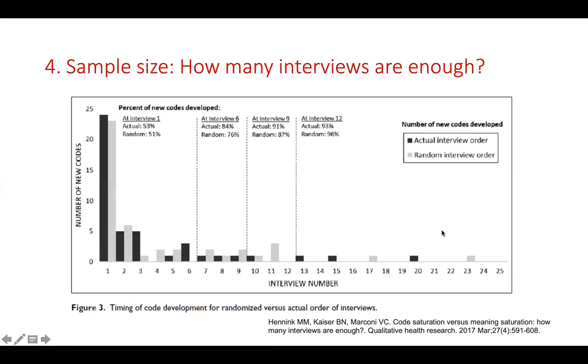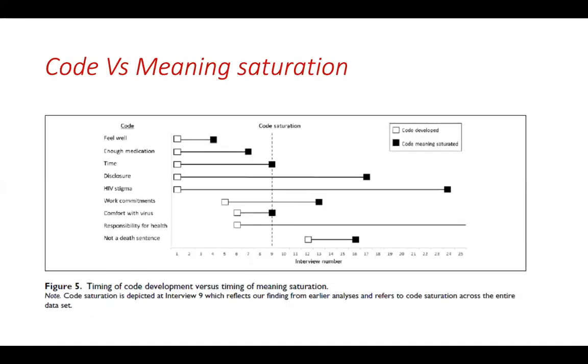and then we would mention that we would stop the data collection if we achieve code saturation. Code saturation is different from meaning saturation, and in the same study, we see that even within a code, we can achieve meaning saturation after about 3 additional interviews. For example, if feeling well is our code, there can be different meanings of feeling well.